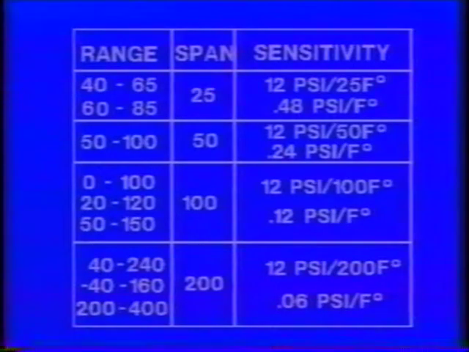With these sensitivity values, we can now make precise predictions on what the transmission pressure should be at any sensed temperature for any given transmitter range. Take the example of a 0 to 100 degree transmitter sensing a temperature of 60 degrees. What would be the corresponding output pressure?